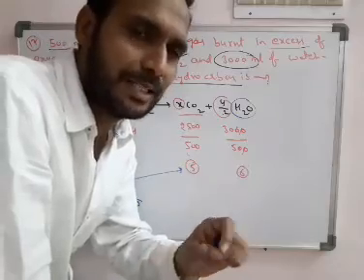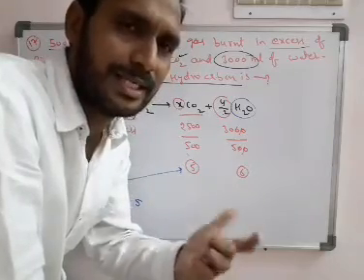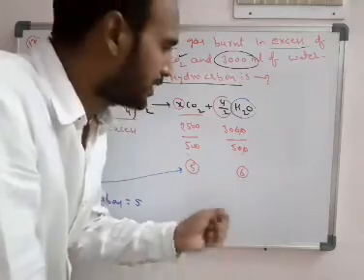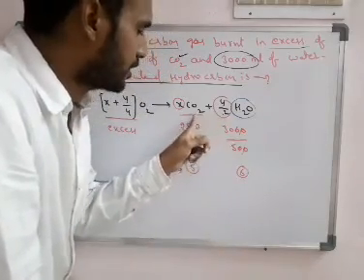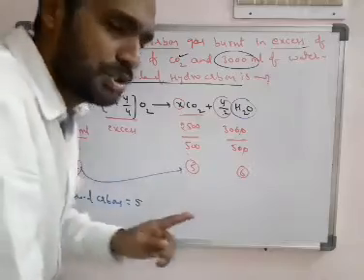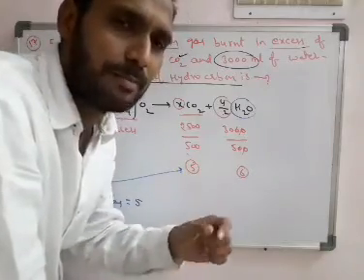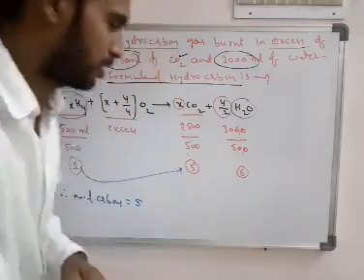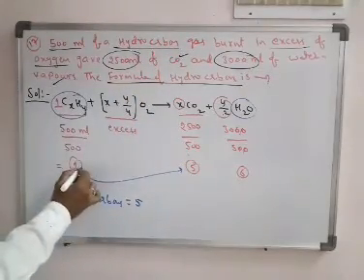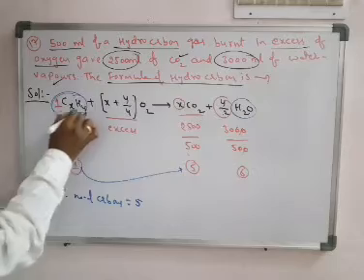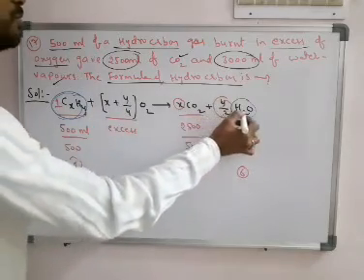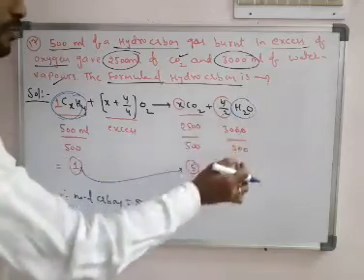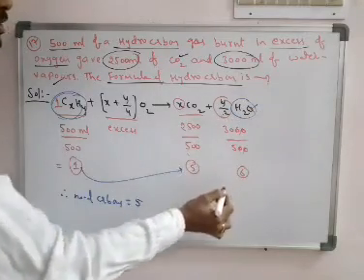We don't take care of oxygen because it is taken in excess and there is no oxygen in the hydrocarbon. We compare CO2 with the hydrocarbon to get the number of carbons, and H2O with the hydrocarbon to get the hydrogens.